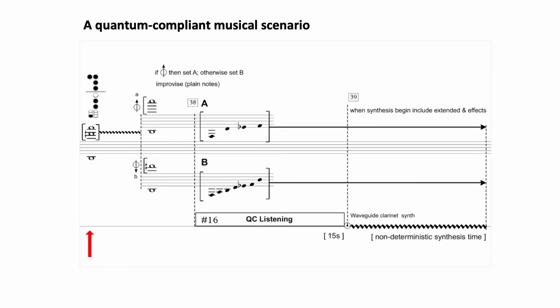Let us consider a scenario where the performer encounters an instruction to produce multiphonics using a specific fingering position. Metaphorically, what I am suggesting here is that the act of following this instruction is somewhat analogous to measuring a quantum system. The performer is not certain which multiphonics will be produced until she actually plays the instrument.